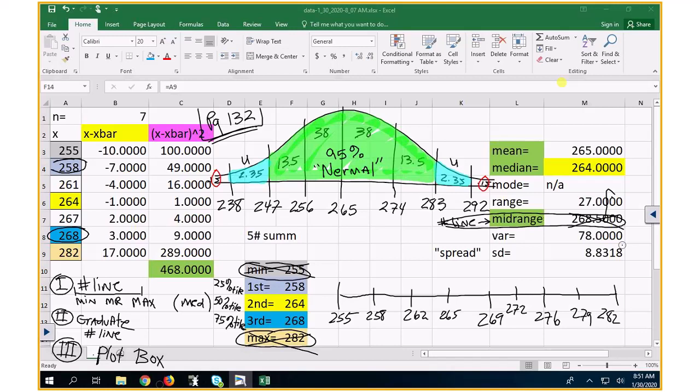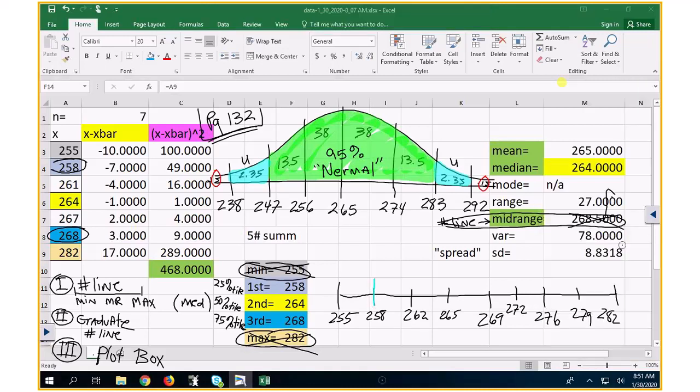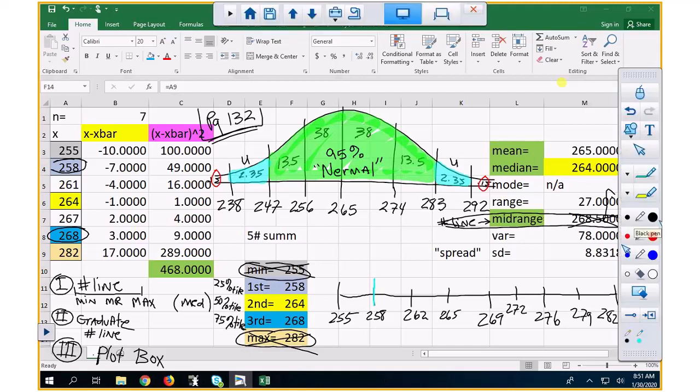All right? So I'm going to take my handy dandy light blue marker, if I have one. I'll use this light blue, and I'm going to do 258. And I'm going to take my deep blue marker, and 268.